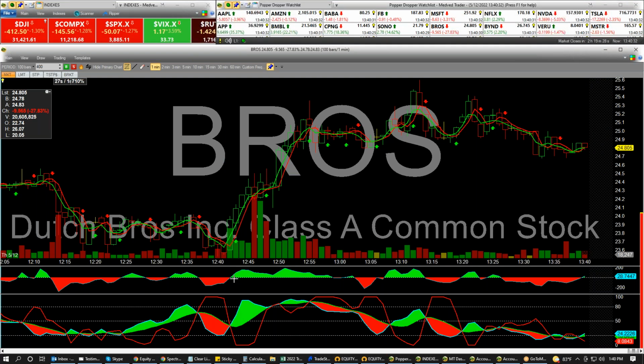Anyway, you had a big green candle, you got an up arrow, and you got both of these crossing virtually at the same time, and then a big move up.